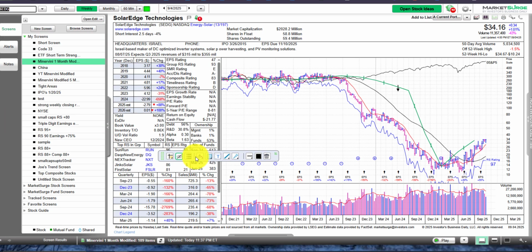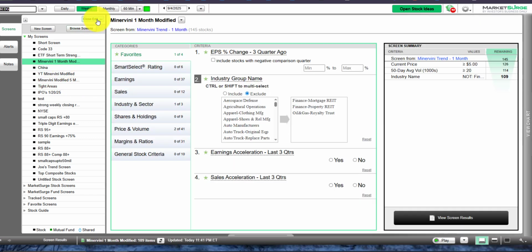Once you found it the first time and favorite it, then it will appear over here under my screens, and I actually modified it just a little bit. All that I've done, I'm only showing stocks above $5. Stocks that are under $5 are just very volatile and more subject to random air pockets to the downside, which tend to stop me out because I'm a pretty tight stop trader.